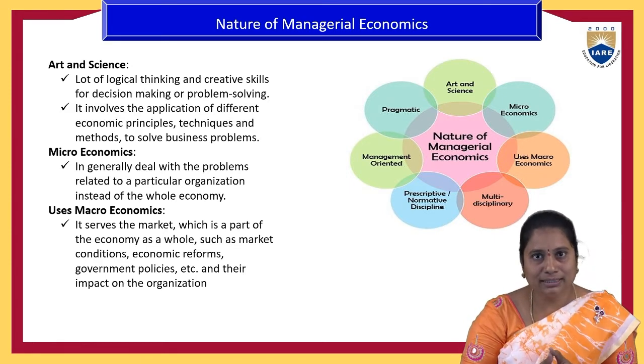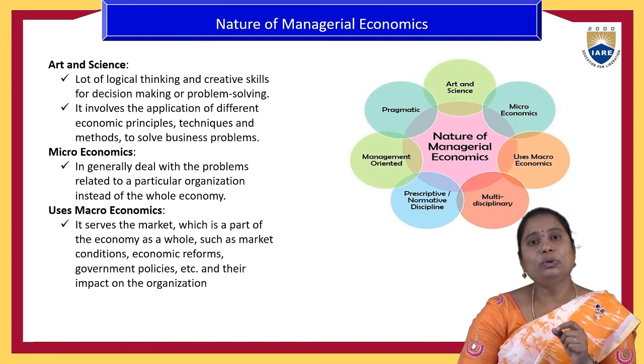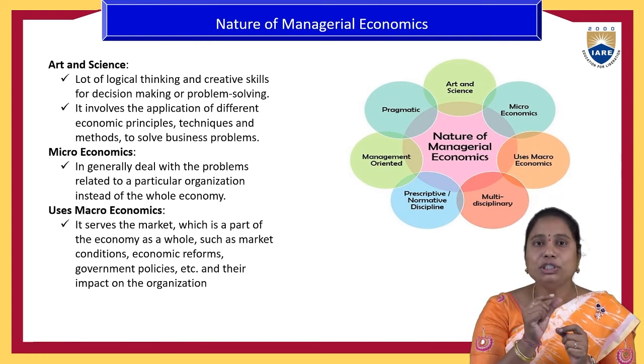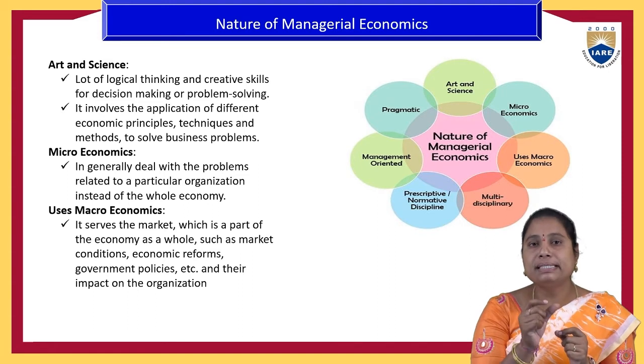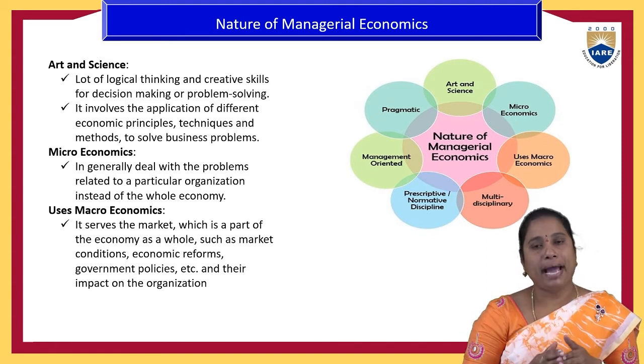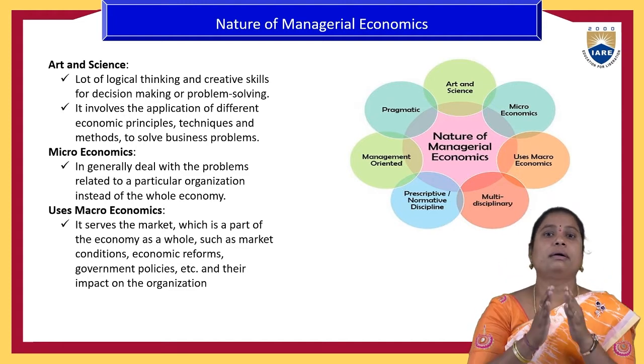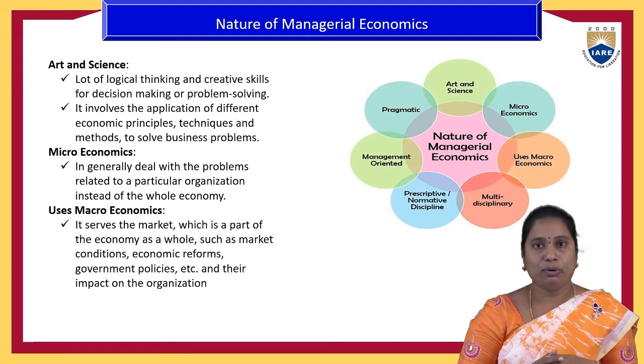And the second one is micro and macro. Micro means the individual part of every business element, called microeconomics. Macro means the entire set of elements related to the business, called macroeconomics.